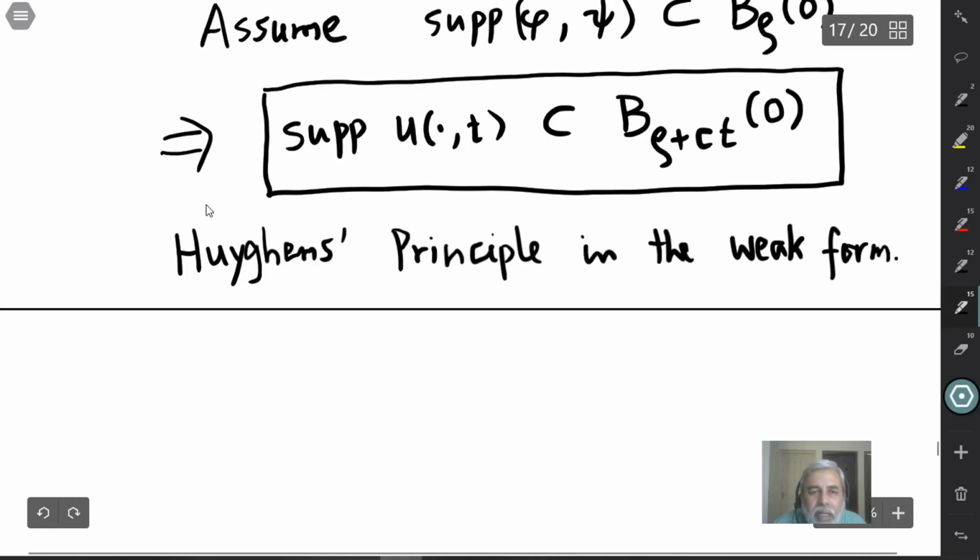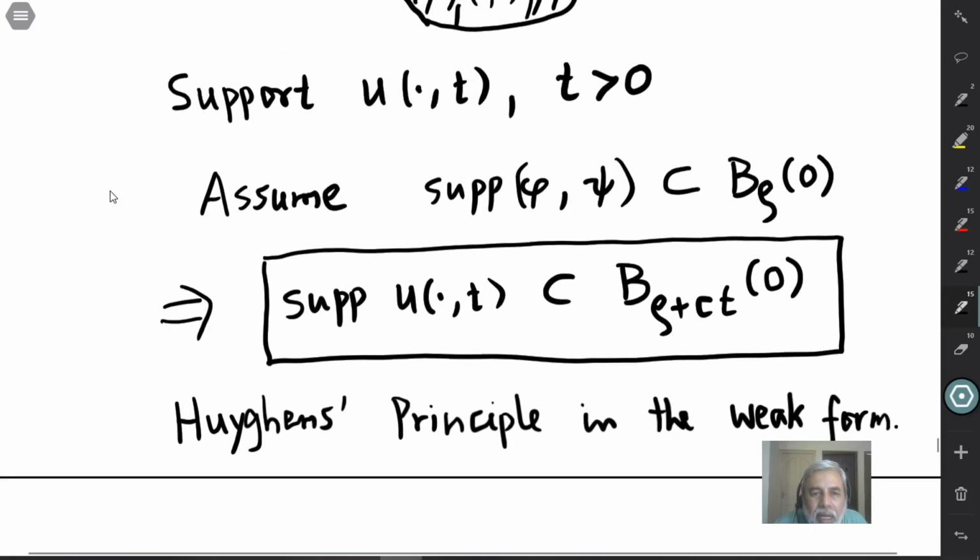So this is only n equal to 2 how we have done here, but this Huyghens principle in the weak form persists for all even dimensional wave equations, and Huyghens principle in the strong form persists for all odd dimensional wave equations.